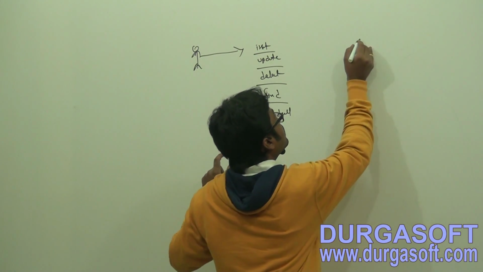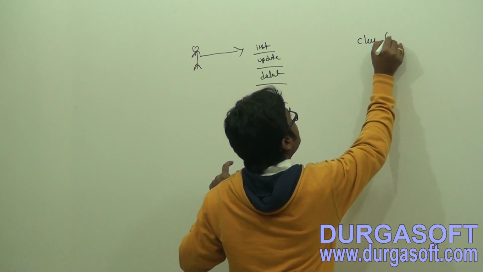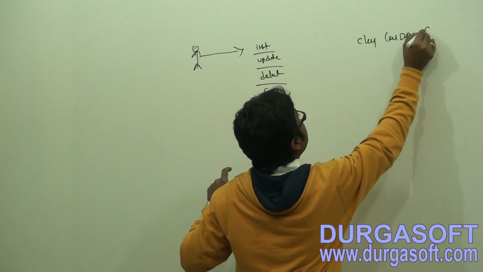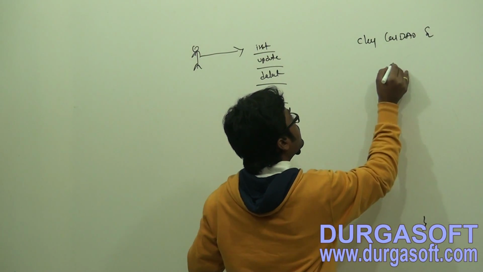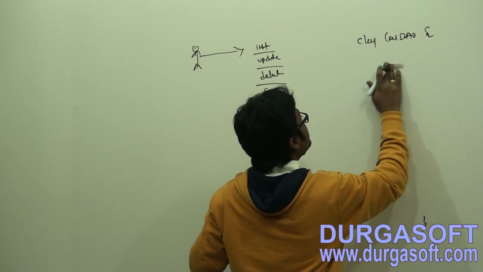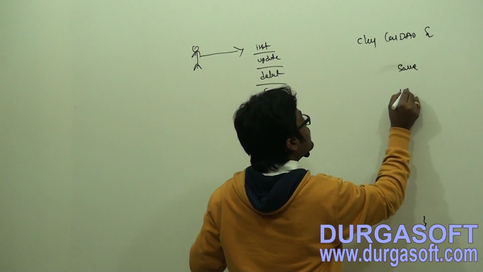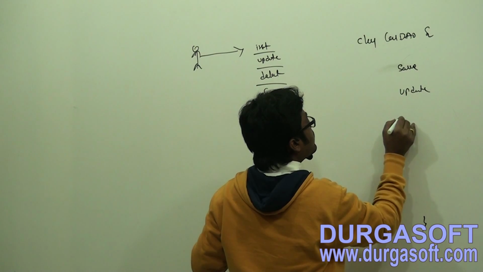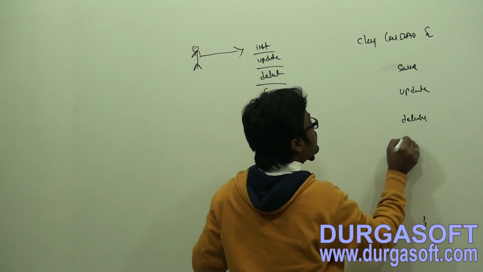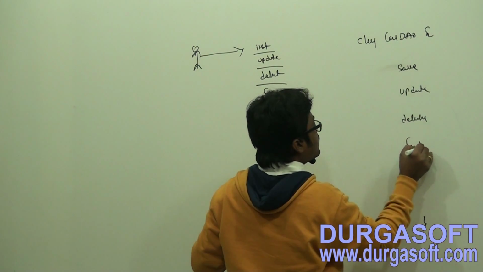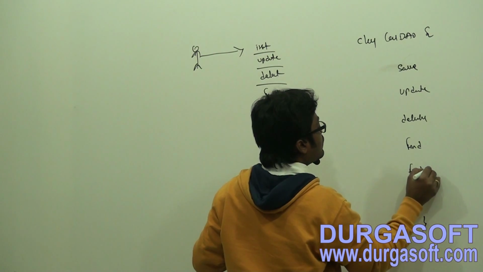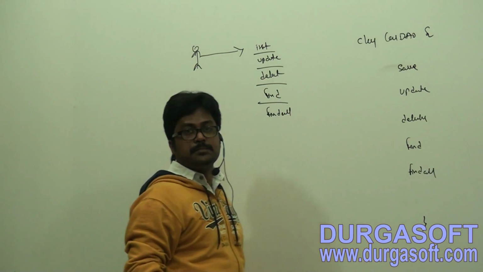So write one DAO class here, a car DAO class. In that car DAO class, write all the required methods. For insert, the naming convention used here is save. For update, an update method. For delete, write one delete method. For find, write one find method. For find all, write one find all method.